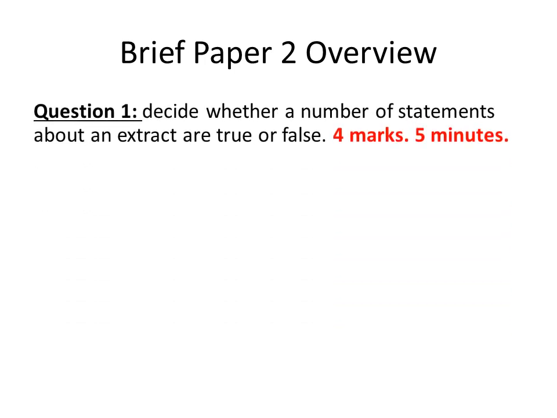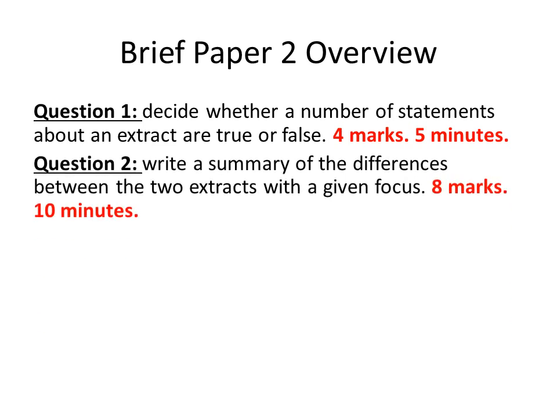Before we do this, I just want to give you a very quick overview of the whole of English Language Paper 2, just so you know what you're expecting in Section A, which is the reading section. Question 1 is a really easy one. It's only 4 marks and you literally have to decide whether some statements that you're given are true or false, and there'll be an extract that you will have to read.